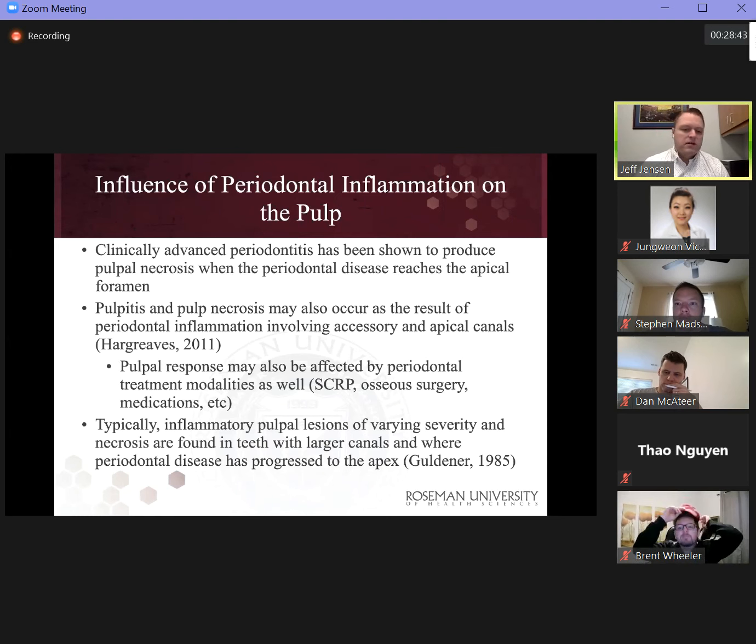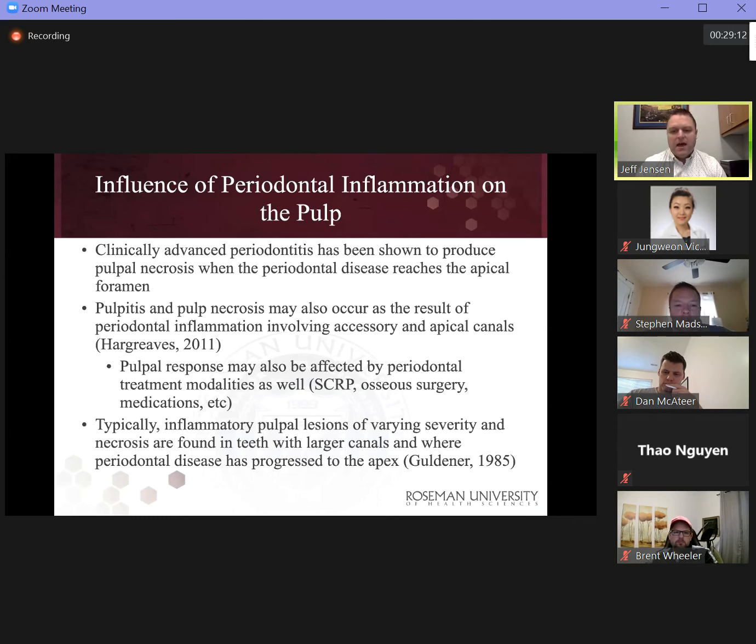Typically, these inflammatory pulpal lesions are found in teeth with larger canals, and the periodontal disease has reached the apex. So you're more likely to see this in someone that has really severe disease, where that periodontal lesion reaches down around the apex of the tooth, and they have a real big, large canal, and that's then caused some necrosis.